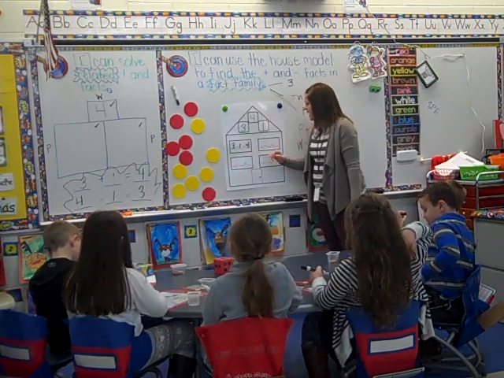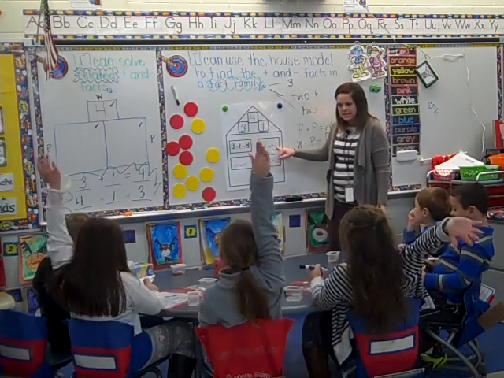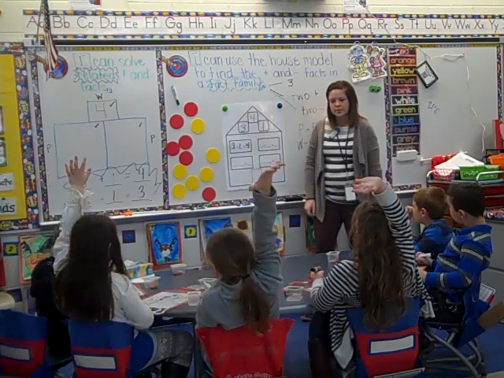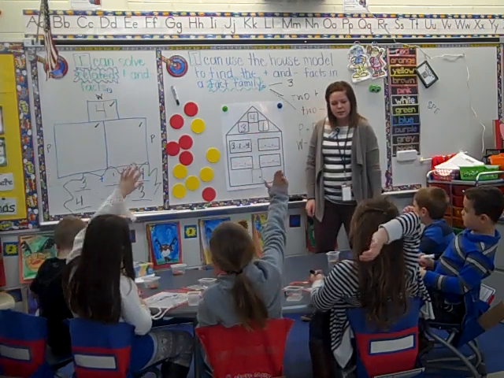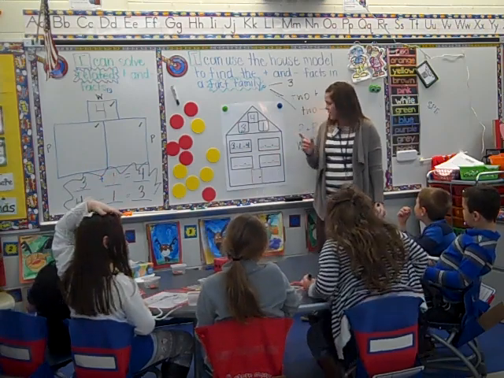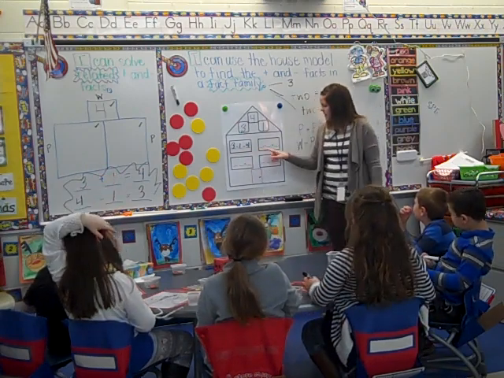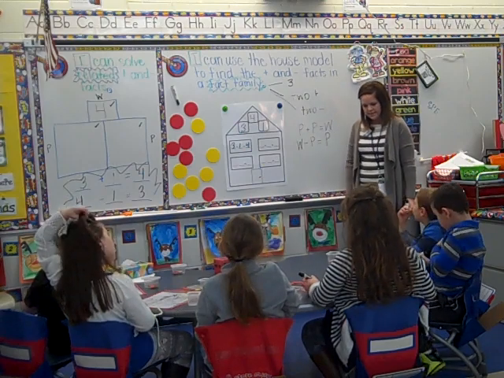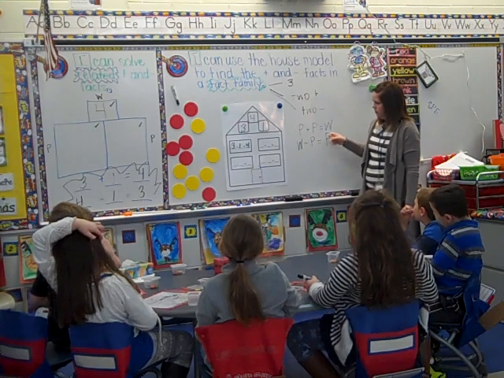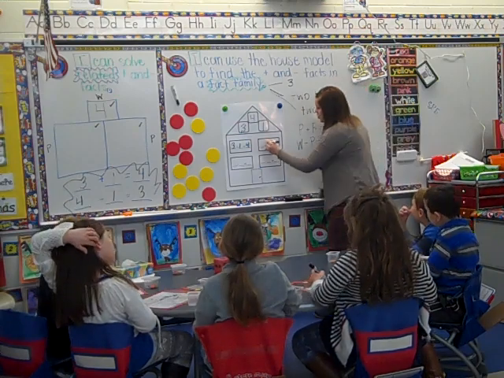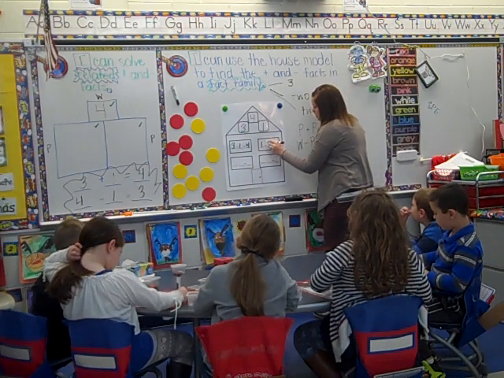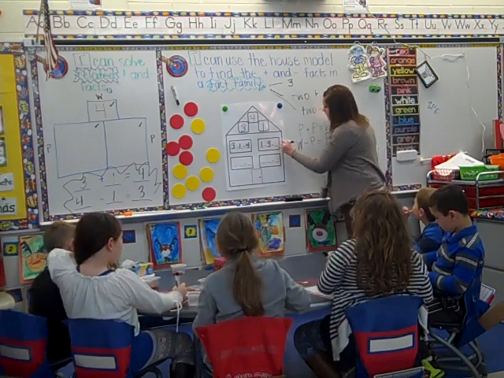So how can we make a new addition sentence using these same 3 numbers? Aiden, do you have an idea? I can see the wheels turning. What would be our other addition sentence? We would have to stick with part plus part equals whole. Yes, good. Plus 3. Very good.